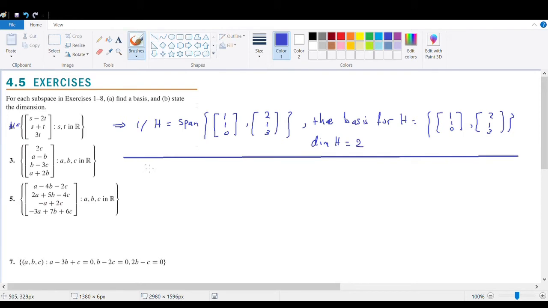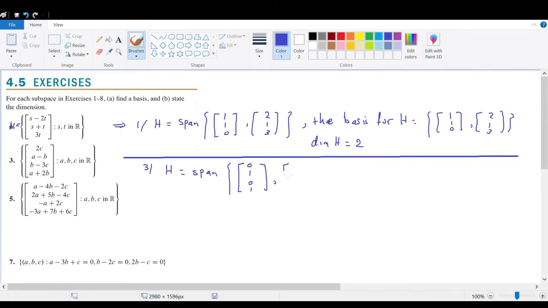So 3. If we say H is equal to the span of the vectors, we have 3 vectors here since we have 3 variables A, B, C. For the first vector, the coefficients of A, we have 0, 1, 0, 1.